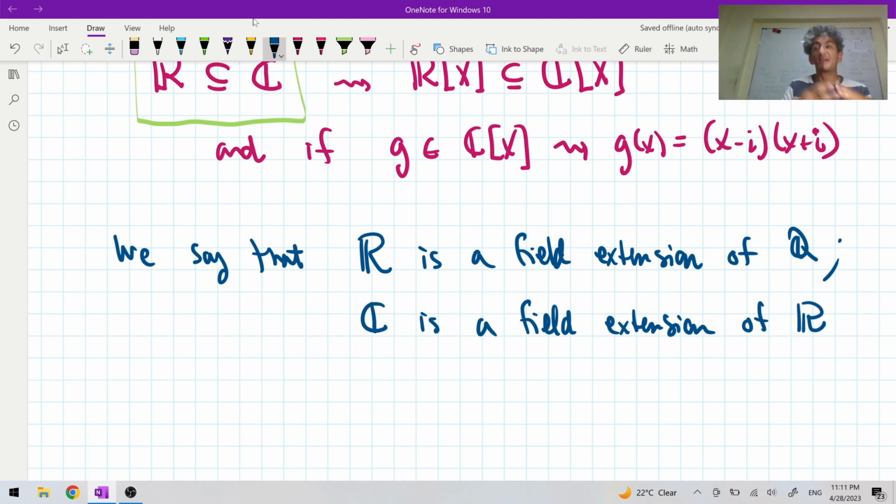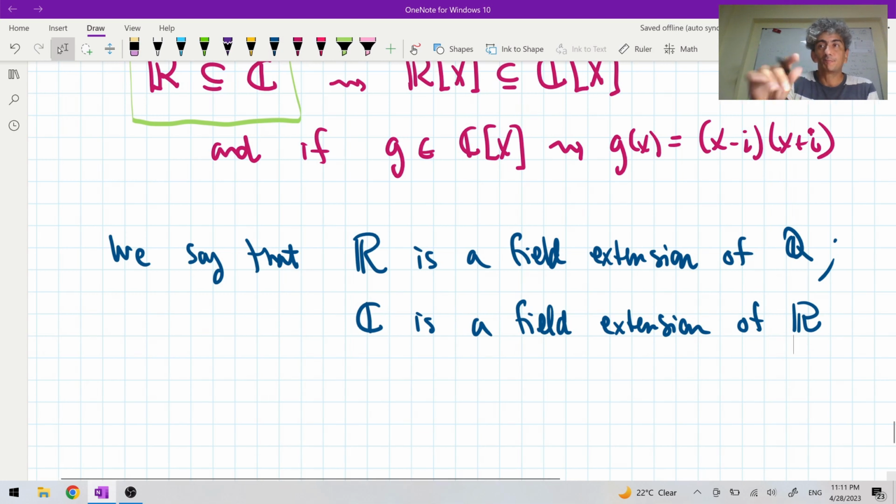In that way, we're talking about extensions. And we are now going to show a very important result, a very important theorem. And we're going to prove it.